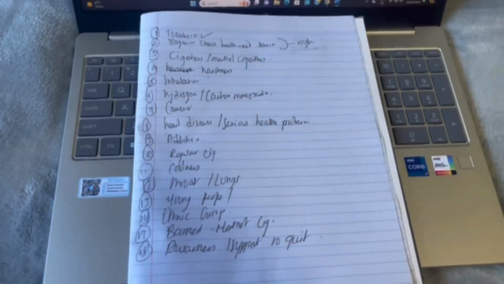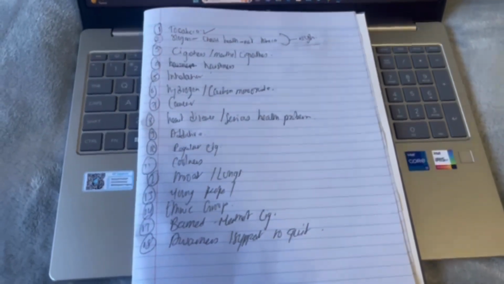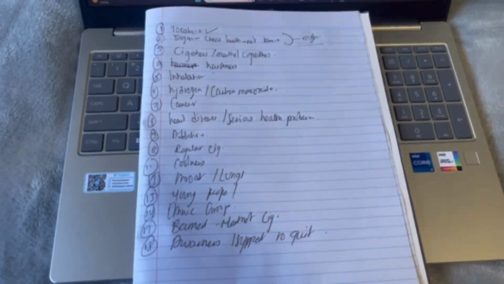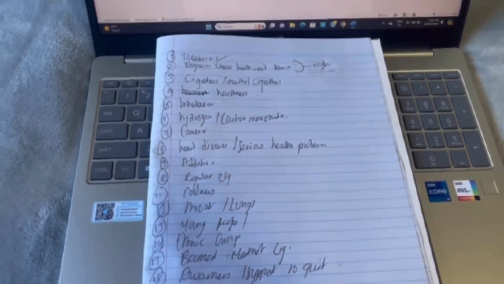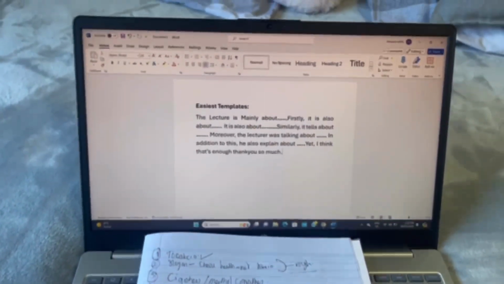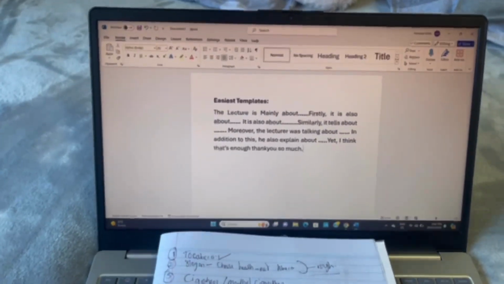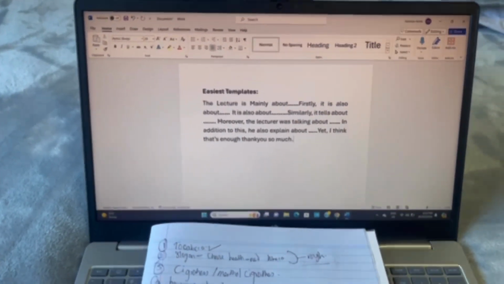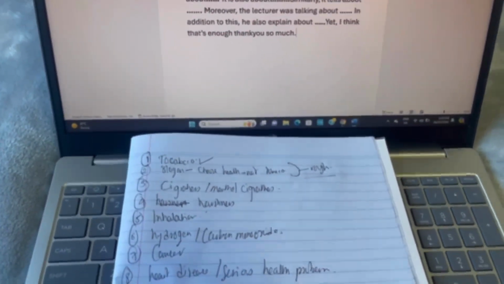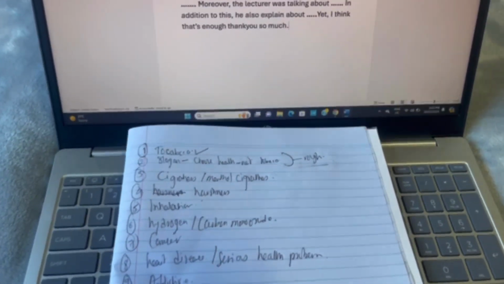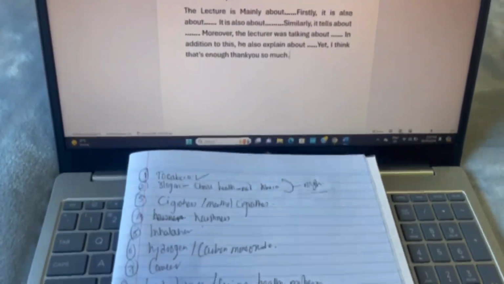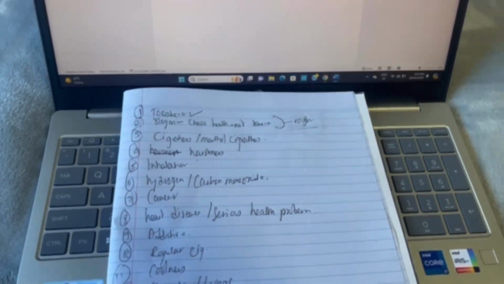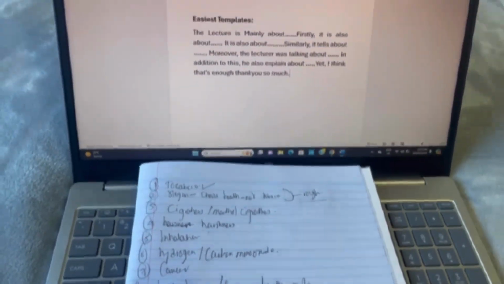associated. As you can see, I have collected 18 words altogether, including tobacco and its slogan, choose health, not tobacco. So I'll demonstrate how I'm going to use them in the template. The lecture is mainly about tobacco and its slogan, choose health, not tobacco. Firstly, it is also about cigarettes, menthol cigarettes, harshness, and inhale.